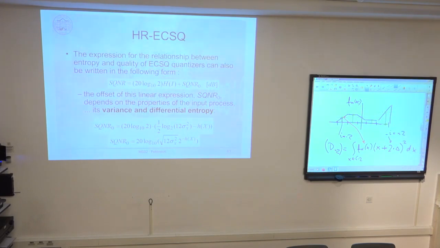In the next lecture, we will show for several examples how this SQNR 0 depends on whether it is a uniform, Gaussian or normally distributed process, or maybe some sine signal that also has a given PDF, and so on. With a few examples, we'll show how the PDF of the process affects this offset.